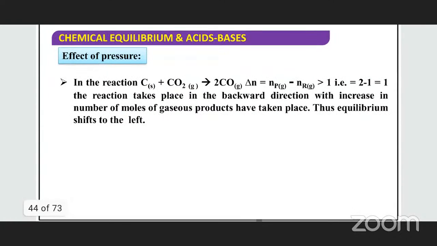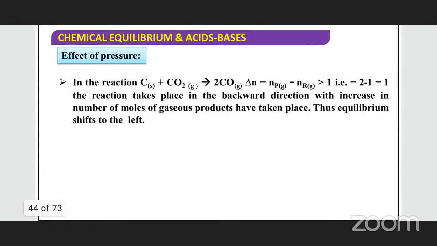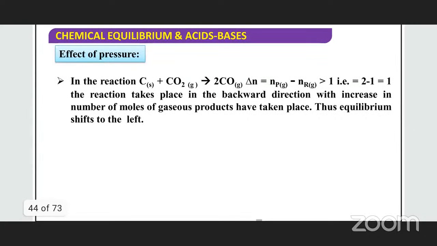In the reaction C + CO2 ⇌ 2CO, delta n is equal to the number of moles of product minus the number of moles of reactant. Here 2 minus 1 is equal to 1. The reaction takes place in the backward direction as an increase in the number of moles of gaseous product has taken place. Thus the equilibrium shifts to the left side.